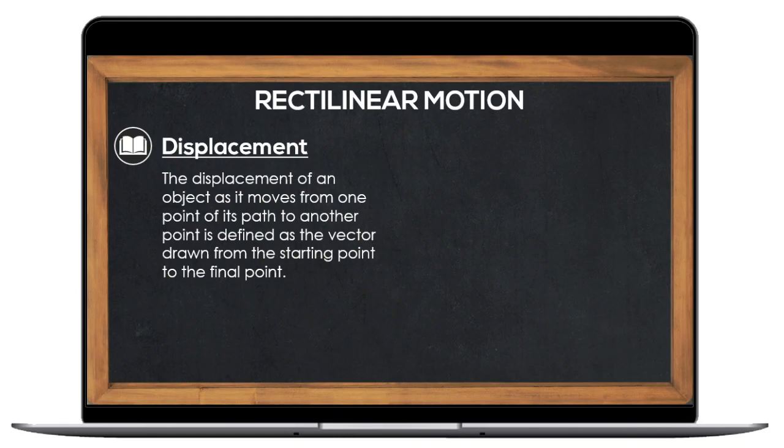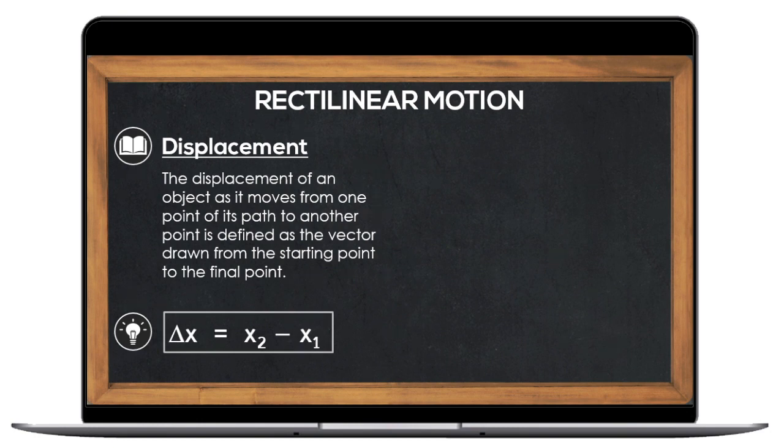That is our delta x, or simply the displacement. It is the difference between the final point, x sub 2, minus the initial point, x sub 1. Take note that x sub 2 and x sub 1 were measured from a common reference point, which happens to be the point O.